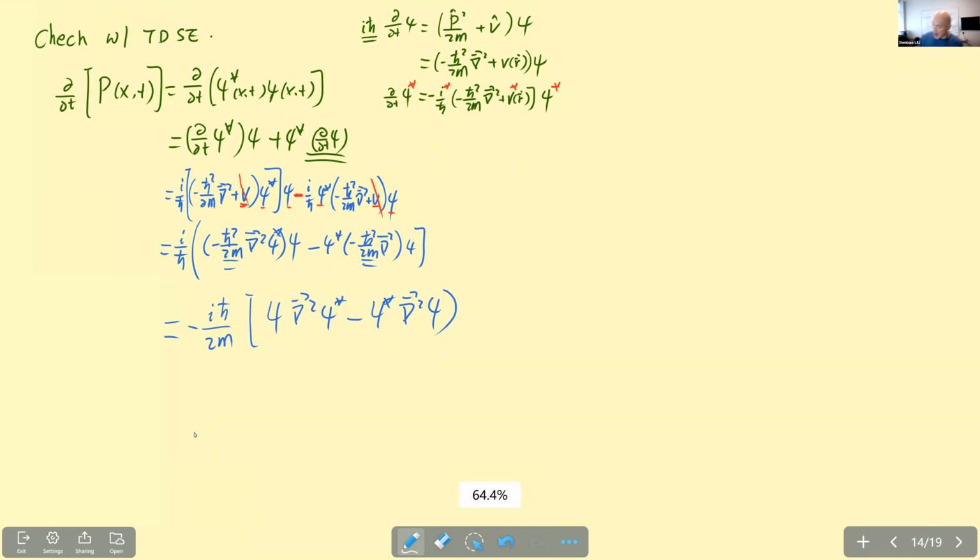All right, and now you can see that I can actually do the differentiable parts. That can be written as i h bar over 2m, and then this one can be written as plus minus, sorry.